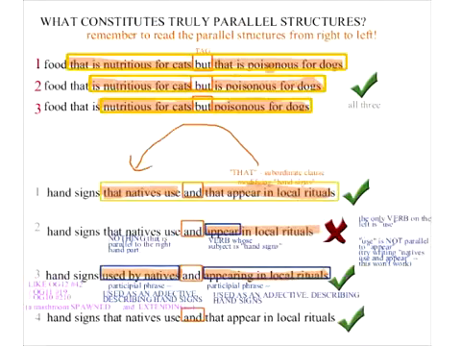So for instance, another piece of evidence that this sentence is okay is if you say they argue just as frequently as the couple next door, that's fine. In other words, if you get rid of this one. And they argue about the same topics, that's also fine. Same thing with this other controversial one over here. Hand signs used by natives, that's fine. Hand signs appearing in local rituals, that is also fine.